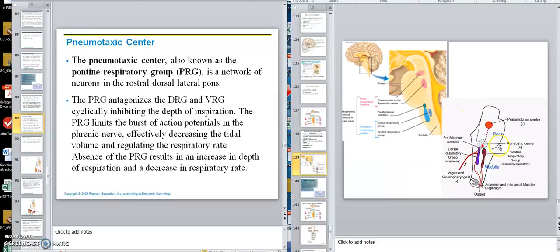Now, we brought up this other one called the apneustic center. The apneustic center is questionable. The apneustic center is a center that's supposed to stimulate the VRG if it tries to go a little wacky, shall we say, doesn't want to work. It's trying to prevent apnea. Apnea, that's cessation of breathing. The reason we aren't sure about that is because you do have sleep apnea and other conditions of apnea.